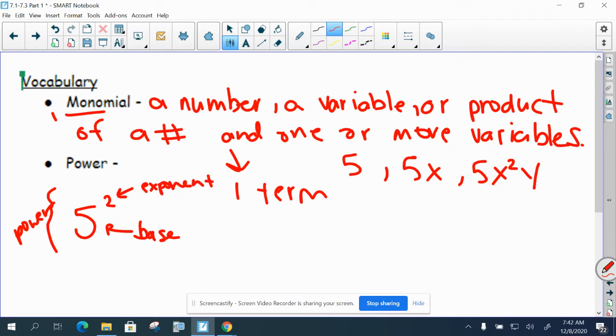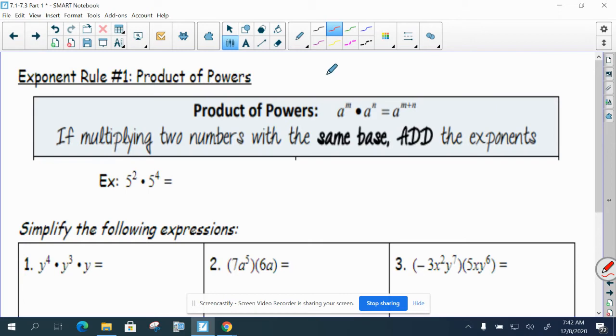And as you know, that's how many times you multiply the base by itself. So that means 5 times 5, if it's to the power of 2. The whole thing is called the power, and the little part up here is called the exponent, or the superscript.